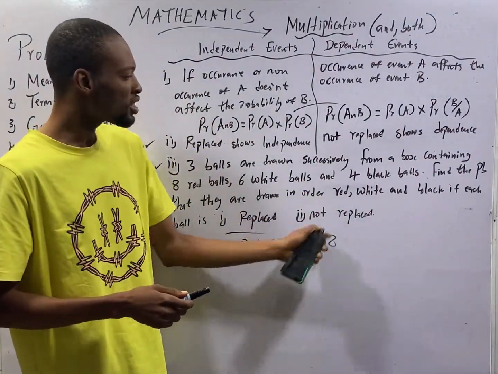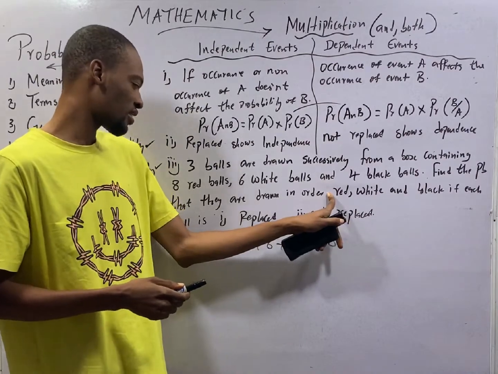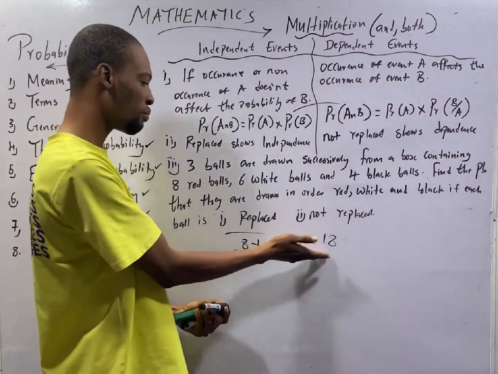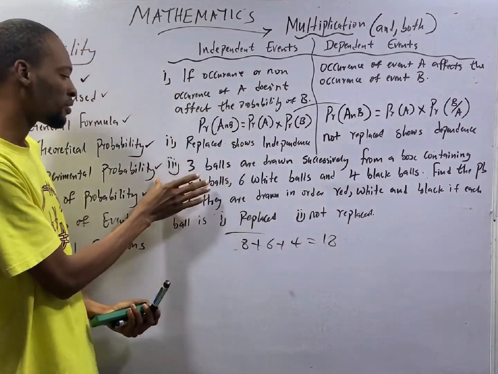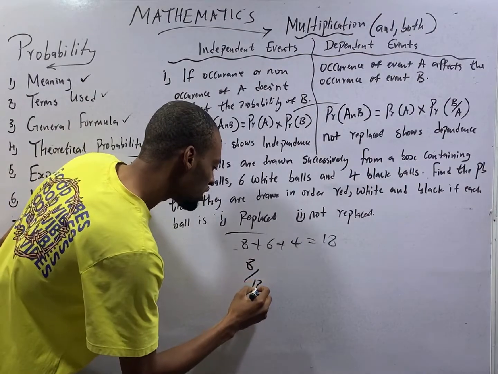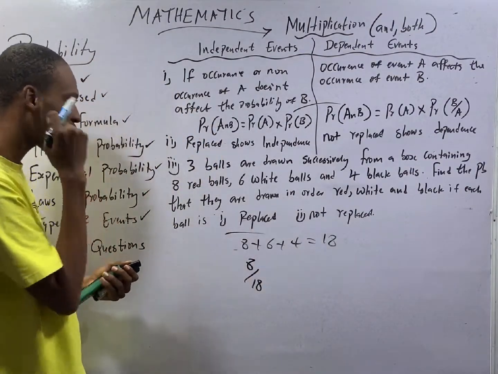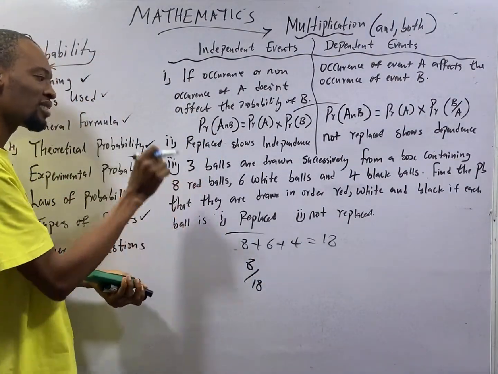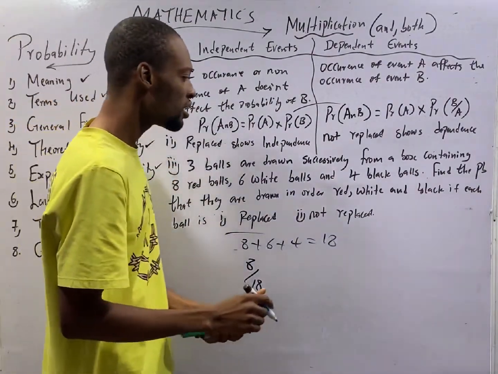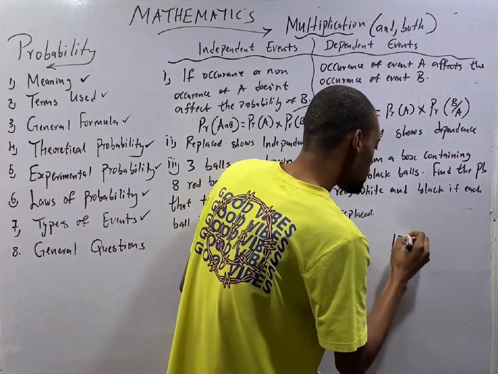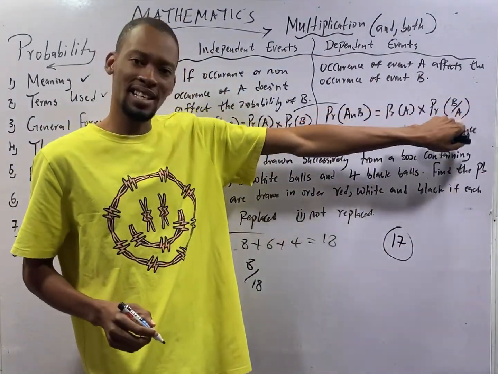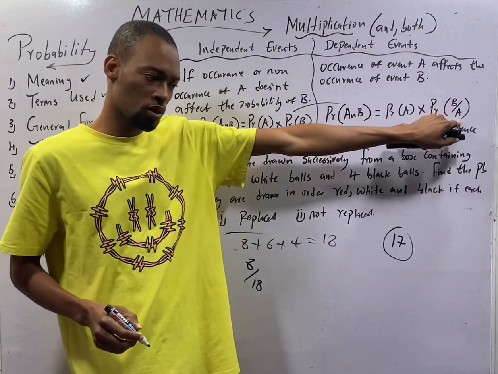Since we are starting from red first, if I take red out of 18 balls, the chance of the ball being red is 8 over 18. Now, I did not put back the red ball I took, which means the number remaining will be 17. That is the probability of B, knowing that A has occurred.